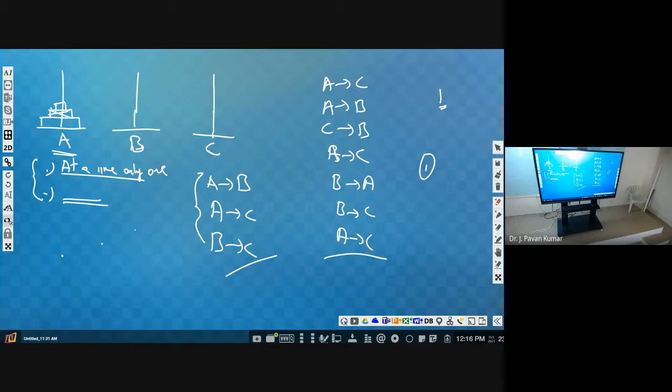You solved? What's your number? So the offer is availed by 365.